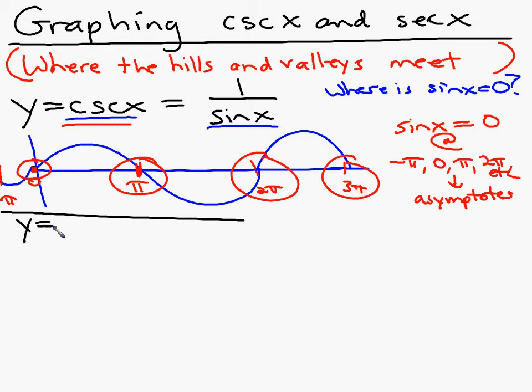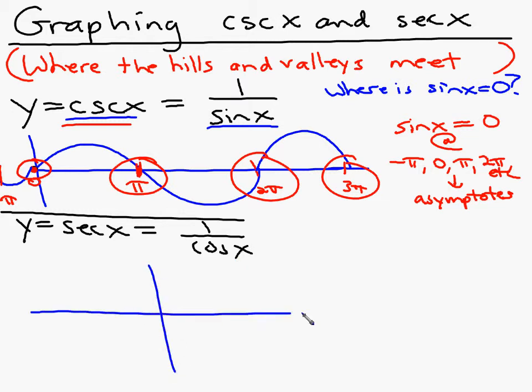Now, if we look at secant of x, secant is 1 over cosine. So we're going to do the same thing. We're going to try to figure out where cosine is equal to 0, because we'll have asymptotes. So let's think of our parent cosine function.